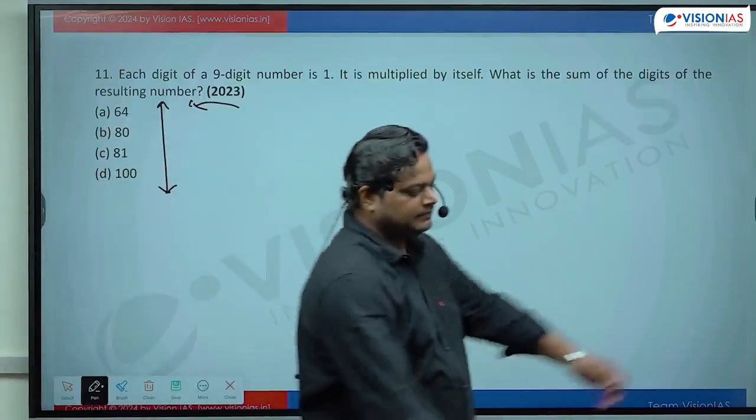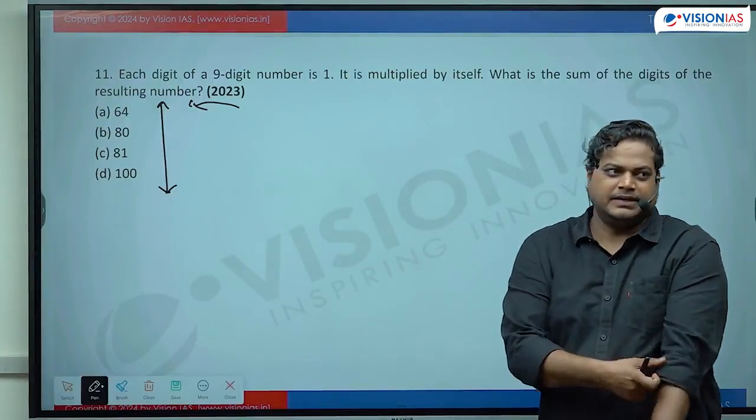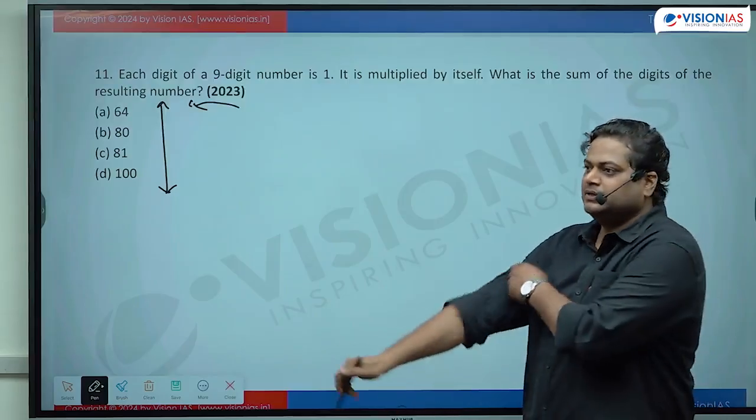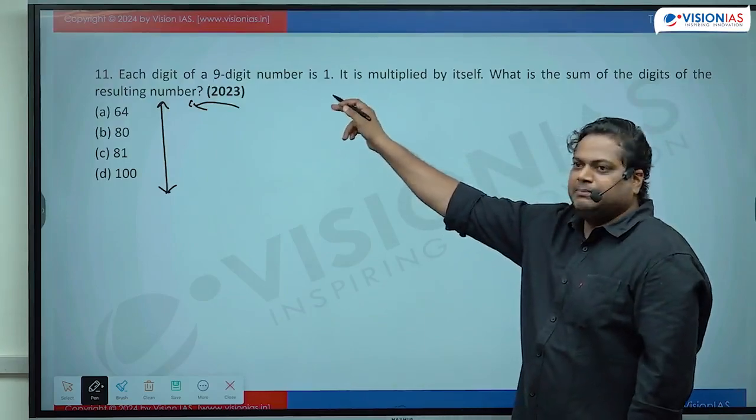Okay. Can we apply divisibility rules here? See, what is written here, each digit of a 9-digit number is 1.